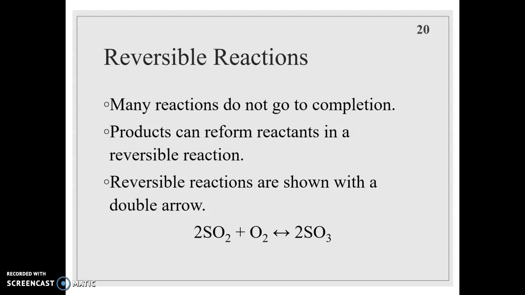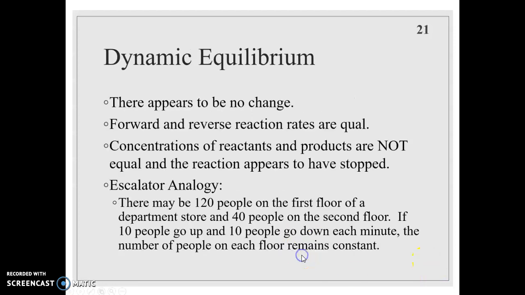So what that means is that in a reversible reaction the products can reform into reactants, and so reversible reactions are shown with a double arrow. And that gives us this situation of dynamic equilibrium.